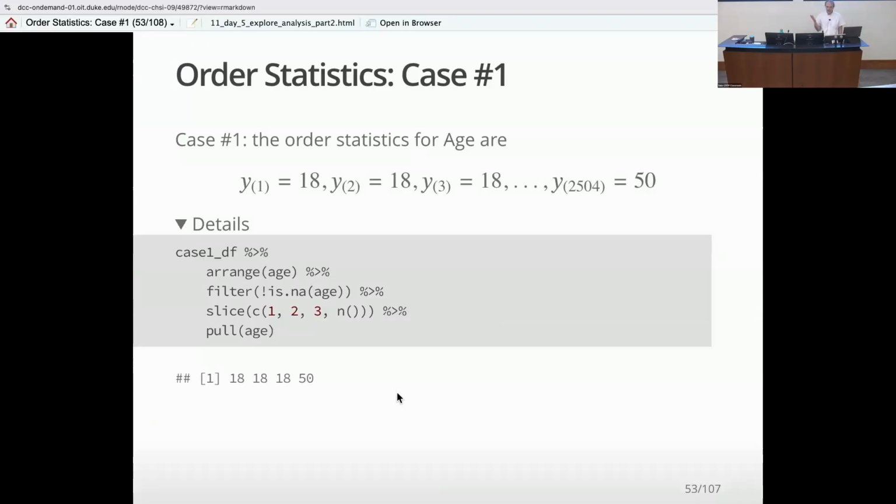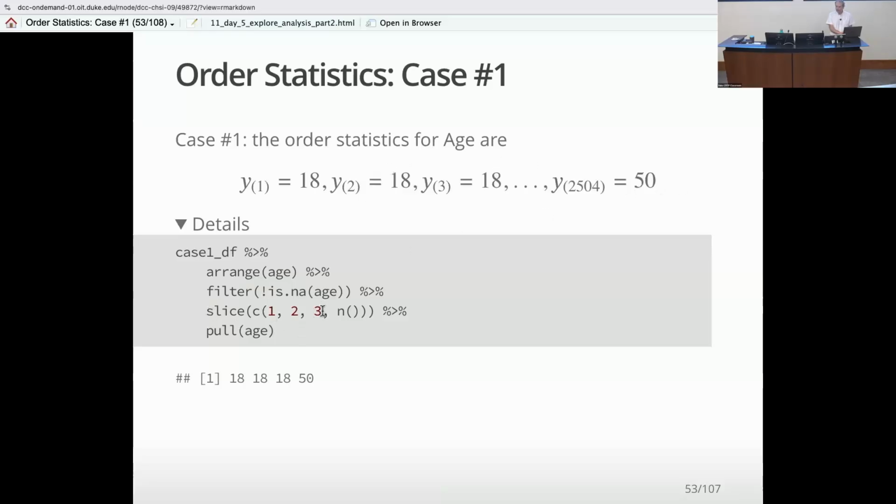This is a tidyverse way to do it, using all dplyr functions, where we're sorting the data frame by age. We're going to filter out any entries where there's no age information, and then we're looking at the first, second, third, and last entries.